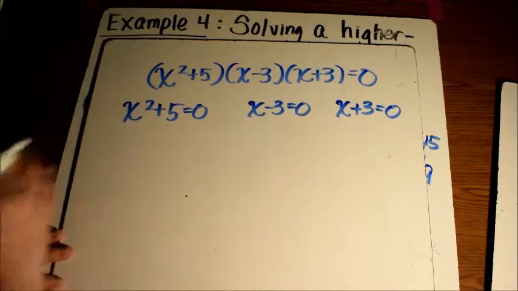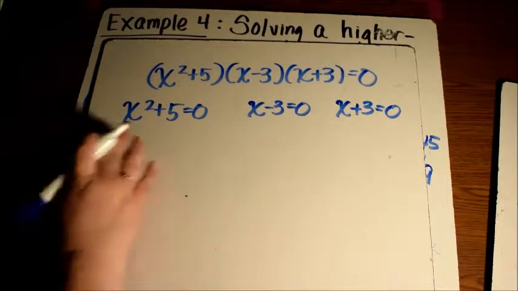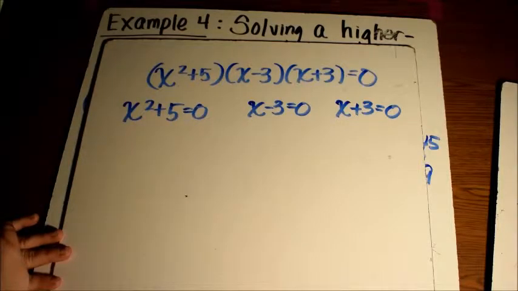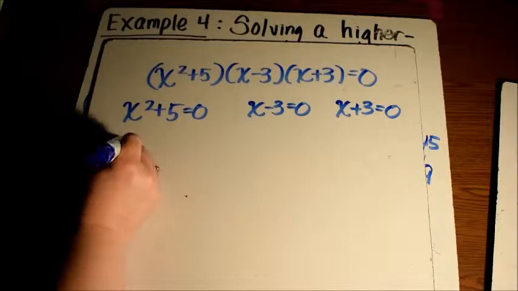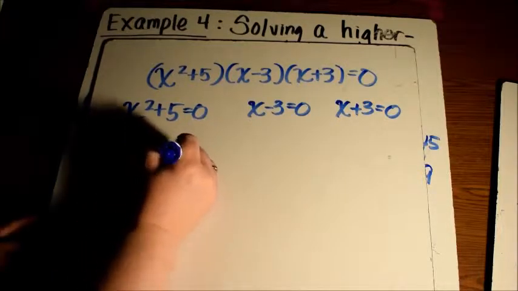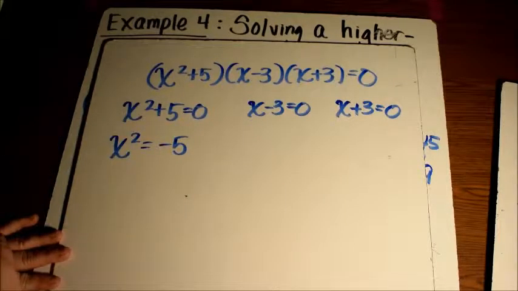Let's take a look at this one. If we want to solve for x, we need to move that 5 to the other side. We're adding it, so the way we undo adding is to subtract. So x squared equals negative 5. How are we going to undo squaring? Well, take the square root.